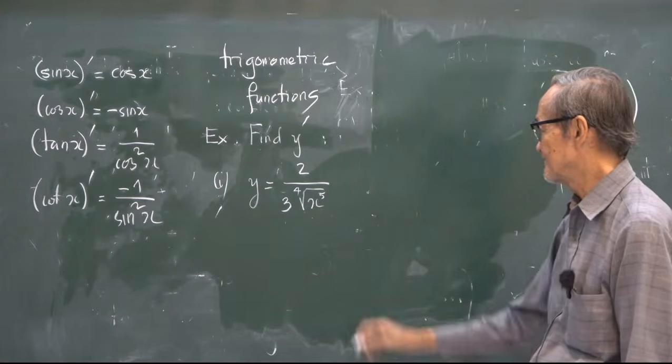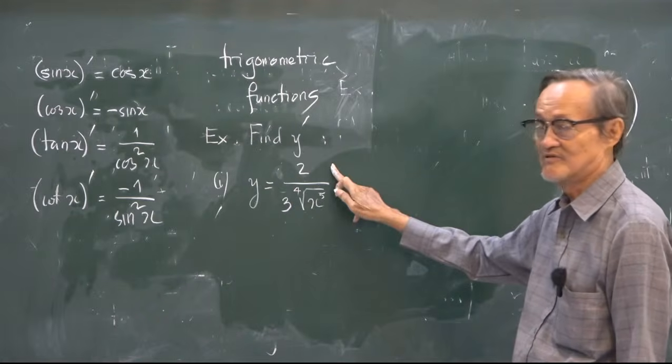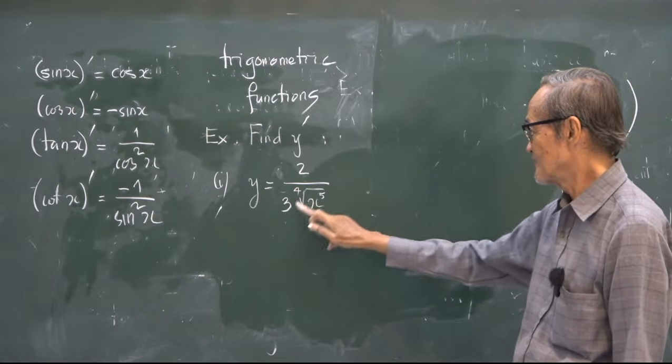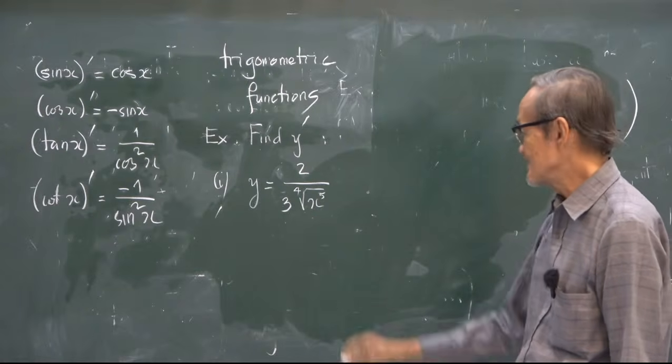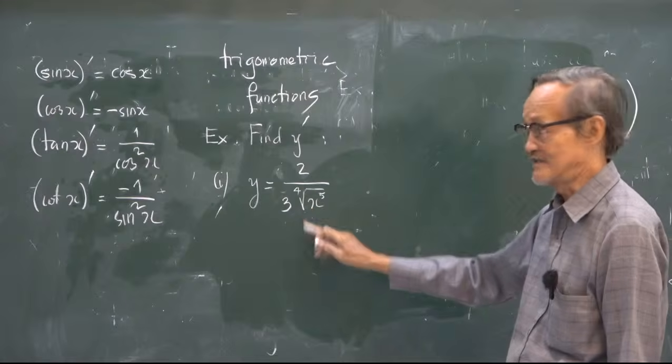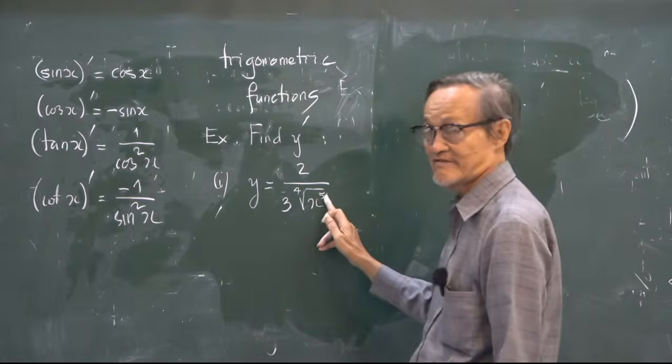Okay, 2 over 3 times the derivative. Sorry, the fourth radical of x power 5.